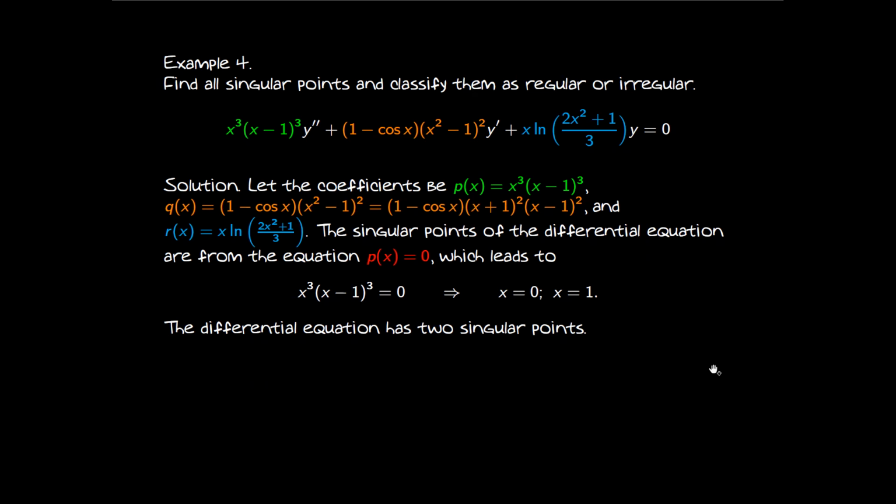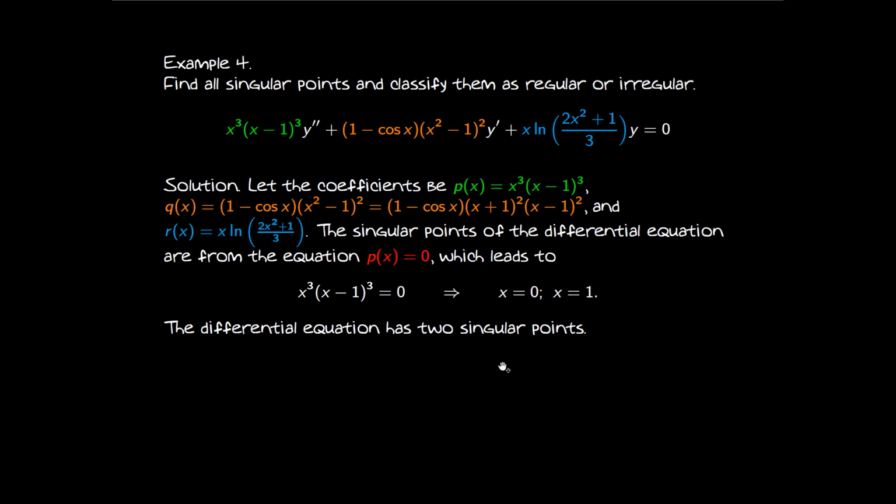Now we know the singular points come from p equal to 0, so you get this factored form equal to 0. Easily you can say the two singular points are 0 and 1.